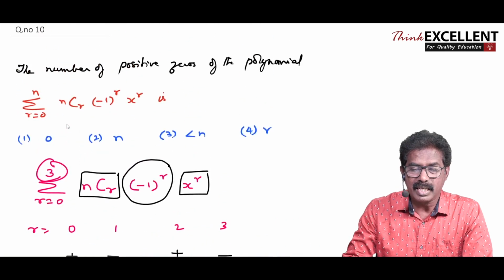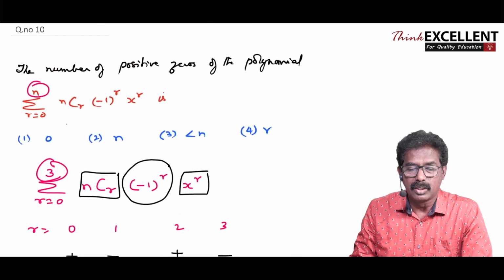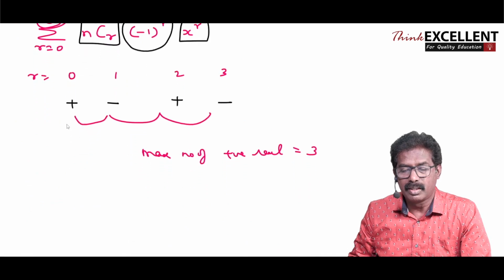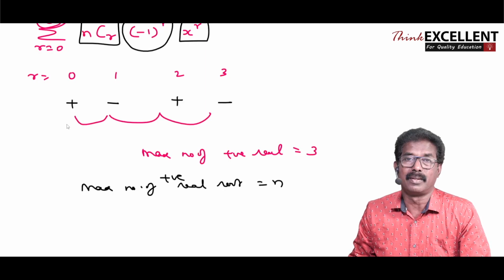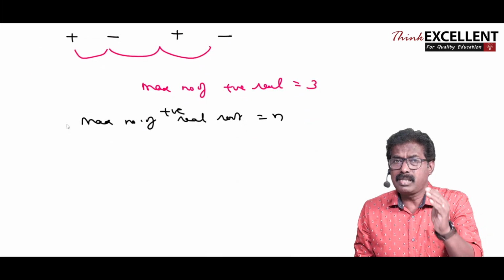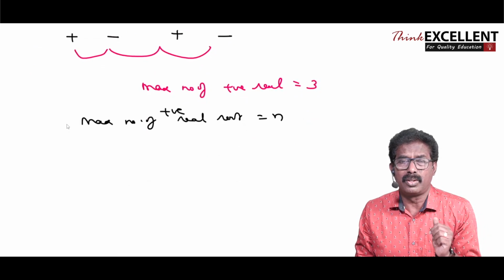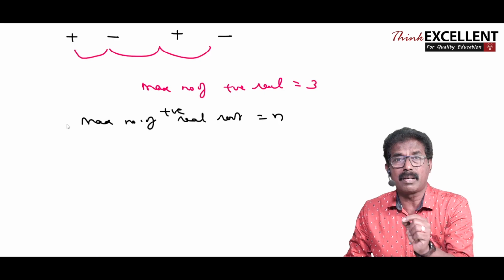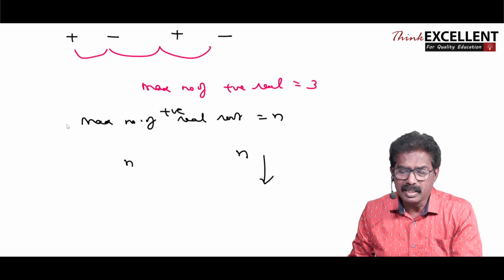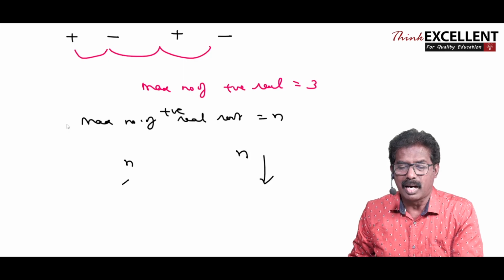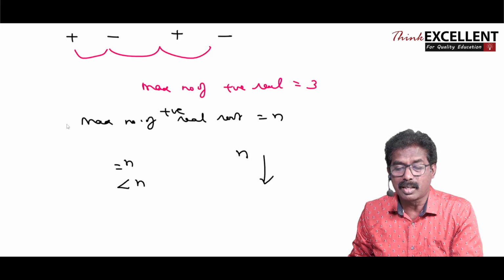But instead of 3, we have n here. So the maximum number of positive real roots is equal to n. So the exact number of real roots is either n or less than n.